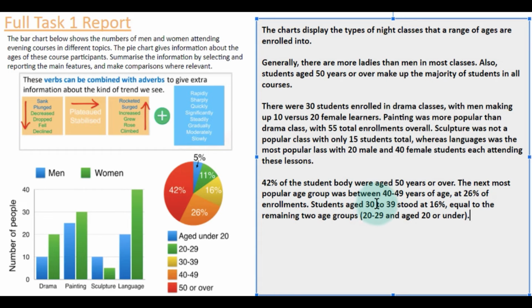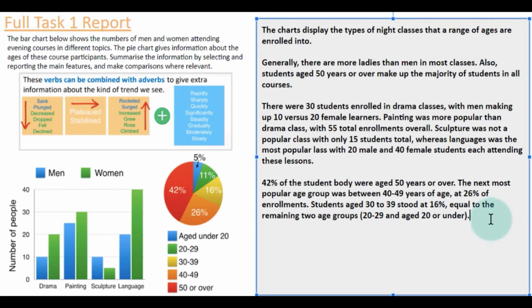Students aged 30 to 39 stood at 16%, and a nice comparison between some of the data, equal to the remaining two age groups, 20 to 29 and age 20 or under. Okay, I like that. I think that's pretty strong.